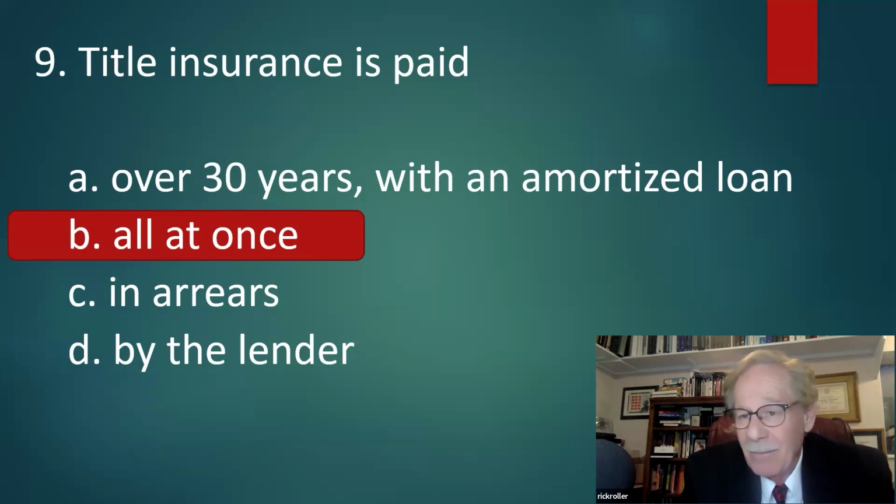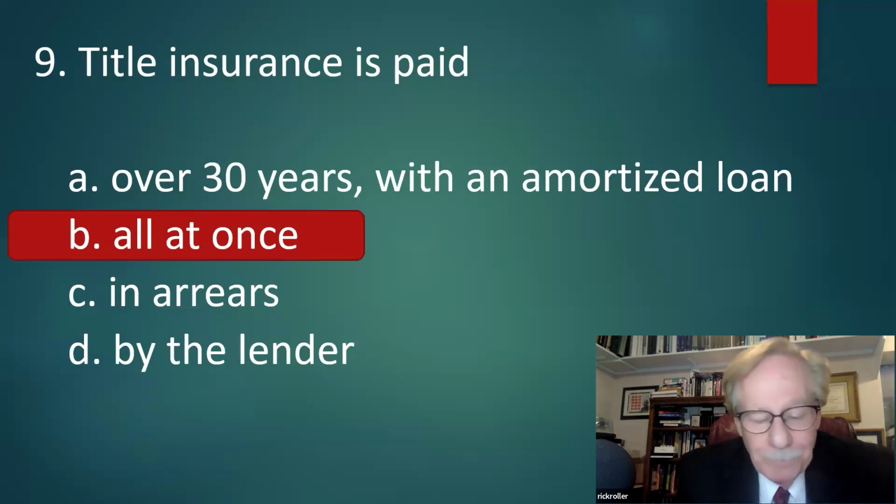It is a very competitive business, but it's also a pretty lucrative business too, because if they've really checked that title out, there's just a few things that could happen that might cause a claim, but it doesn't happen very often. It's a very profitable business. But they're insuring large amounts of money too, but it's paid all up front.